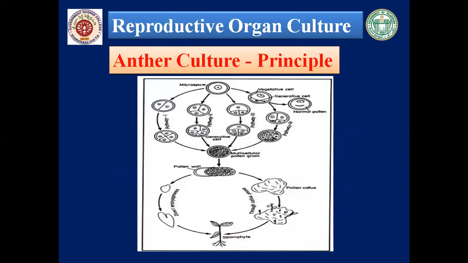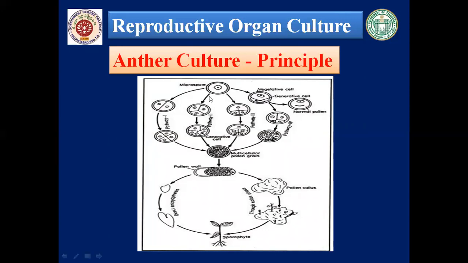Okay, so this picture shows the microspore, that is the pollen grain, in a uninucleate stage. It gets divided mitotically, giving rise to a vegetative cell and a generative cell, where the generative cell is abortive, and the vegetative cell undergoes repeated divisions and forms a multicellular, multinucleate pollen grain.